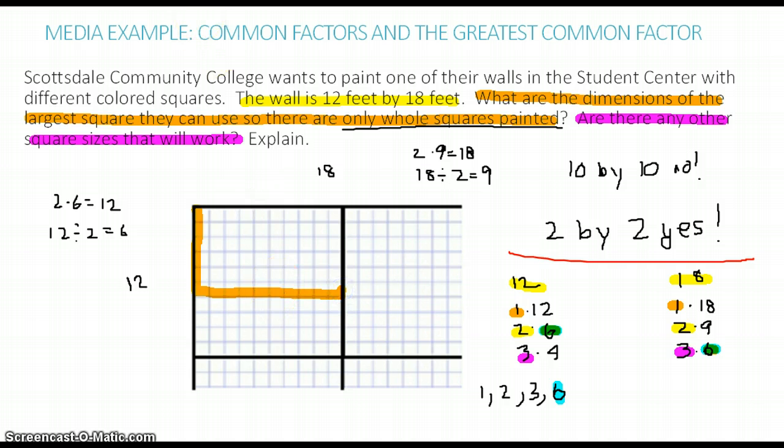Oh, I went over too far. Shoot. 1, 2, 3, 4, 5, 6. 1, 2, 3, 4, 5, 6. So this would be one square. This would be another square.